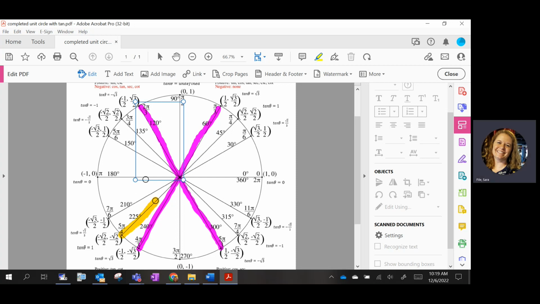And then I'll do all the 45s in a different color.